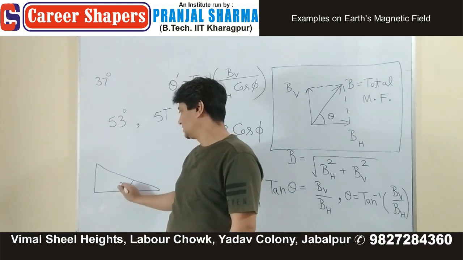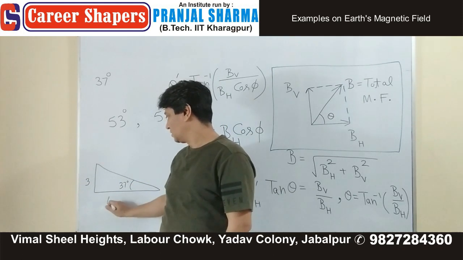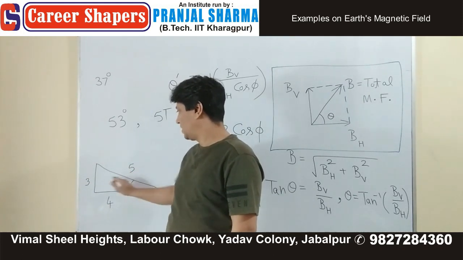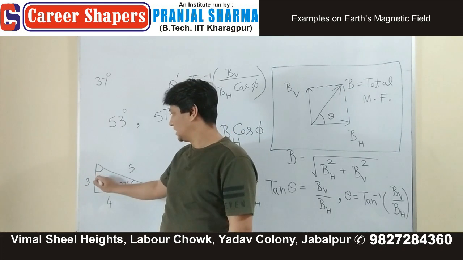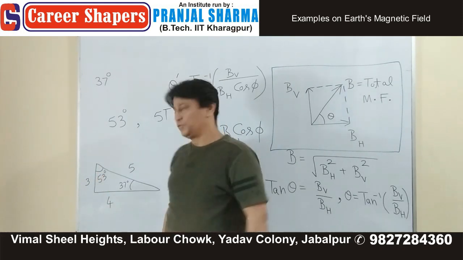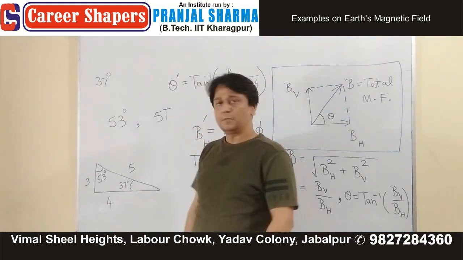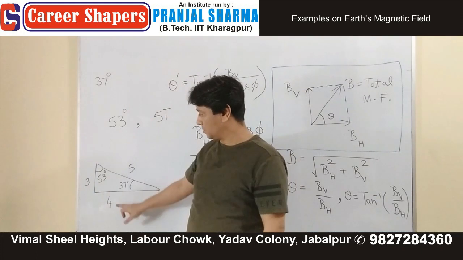This is 37 degrees, 3, 4, 5, and this angle is 53. So if you need sine 37, that will be 3 by 5. But if you need sine 53, that will be 4 by 5.